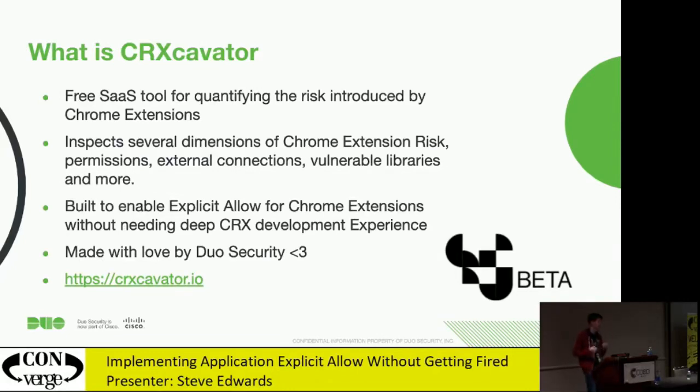Again, we built this entirely serverless on AWS Lambda. It's a React.js front end. When we started, we decided we could scan Chrome extensions one at a time, or we could just scan them all at once. So we asked, how many Chrome extensions are there? There are about 160,000 in the Chrome Web Store.